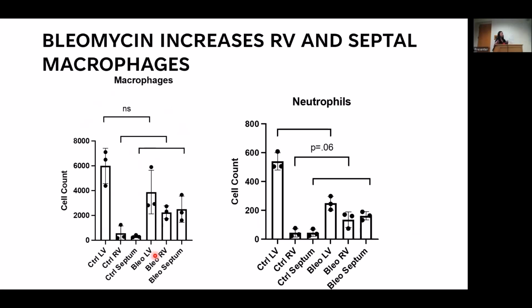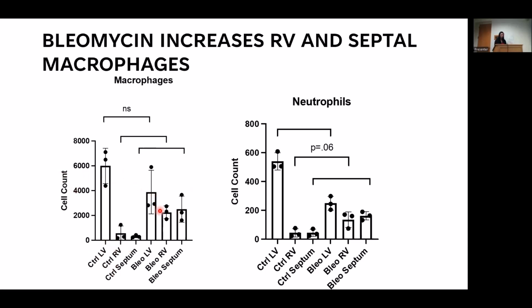As I've moved on, I've gotten more interested in all these different compartments of the heart, because the septum is so close to the right ventricle, and it's being affected, as I've shown in right ventricular failure, that it's hard to say whether the septum is closer to the left ventricle or to the right ventricle in terms of molecular changes in inflammation. So in these studies, I've separated RV, LV, and the septum.